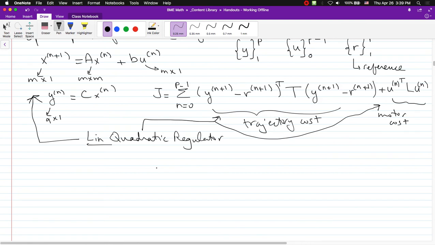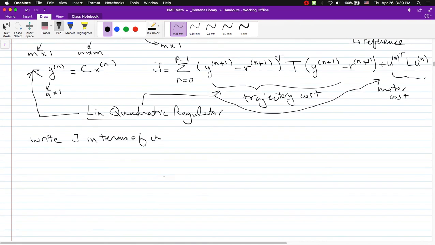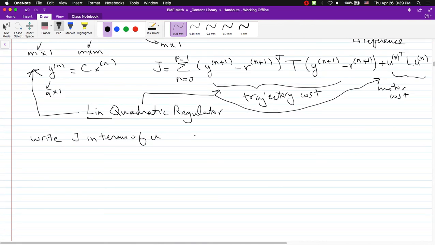Okay, so our first step is to write J in terms of U, and then minimize it in terms of U. So as before, we expand our state equation. So x at time point 1 is A times x at time point 0 plus B times U at time point 0.